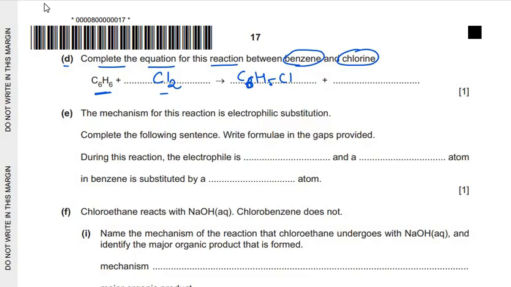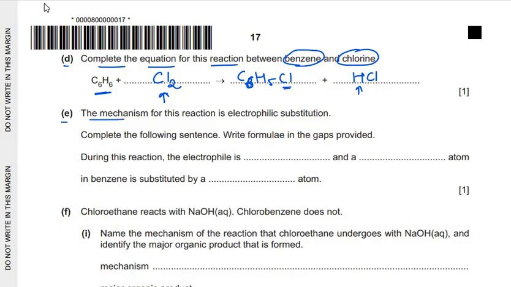One of the hydrogens is replaced by chlorine. So one hydrogen is replaced, and that goes and bonds with the remaining chlorine. So of the 2 chlorines of the chlorine molecule, 1 chlorine bonds with the benzene, and the second chlorine bonds with the hydrogen which was displaced or substituted by chlorine. So this is a complete reaction.